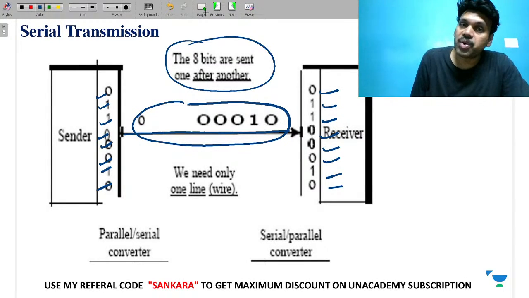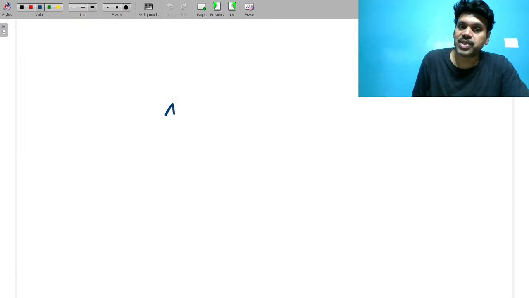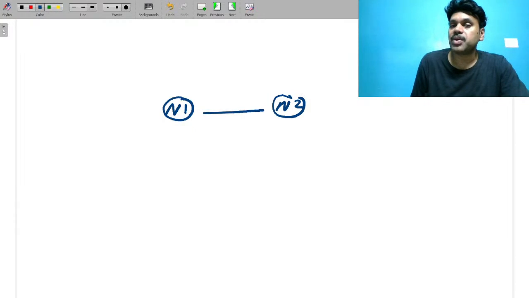But how are you going to keep this in real time? Because node to node transmission is serial. For example, there is a node 1 and a node 2. I am providing only serial; I am working on serial.